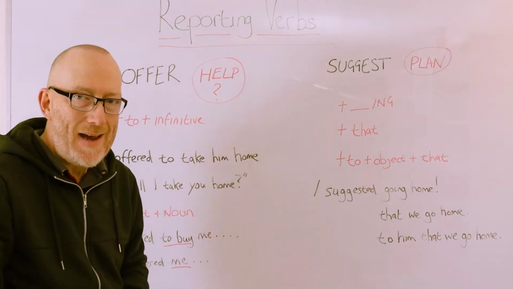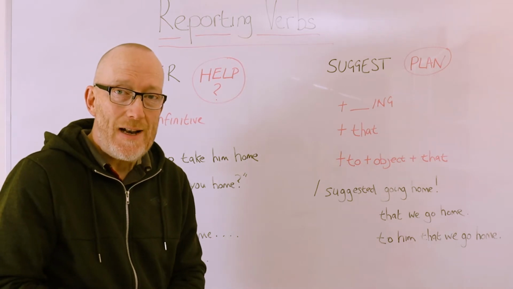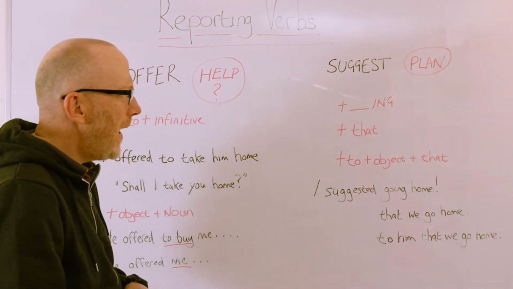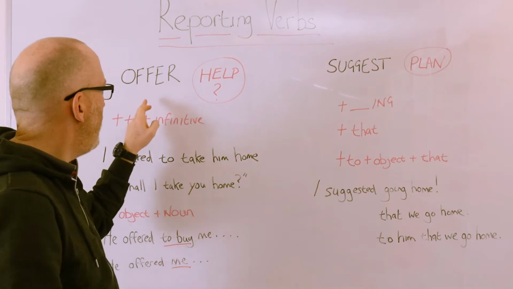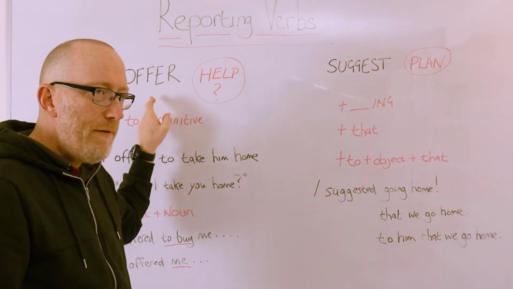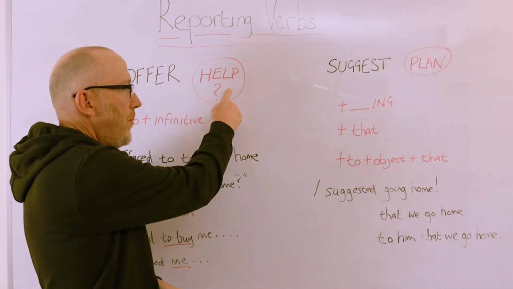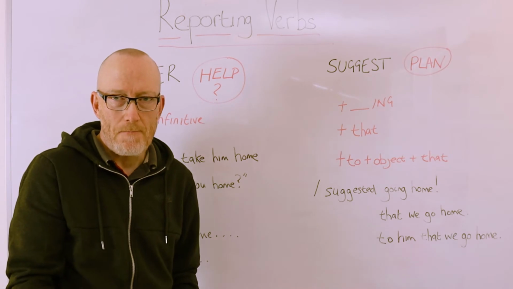So let's start with offer and suggest. What do they actually mean? Well, the best way to fully understand both of these verbs, in my view, is this: the verb offer is used to offer help or assistance to somebody.